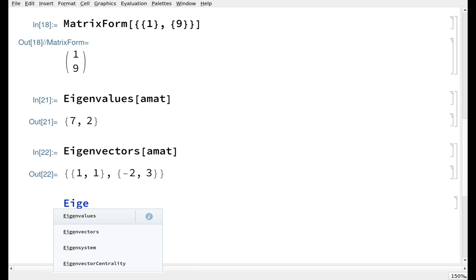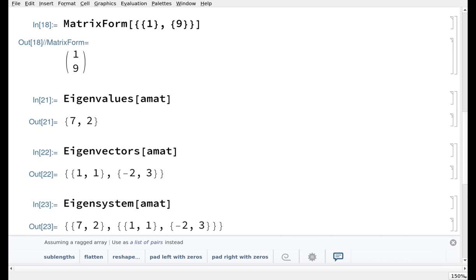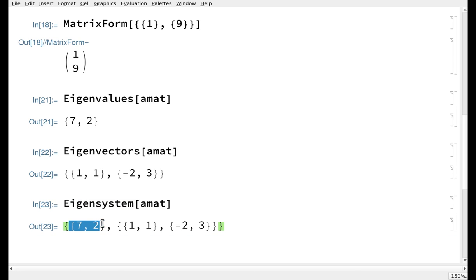Incidentally, since we usually want to compute both the eigenvectors and the eigenvalues, you can use the command called Eigensystem, which computes both at once. It kind of makes sense to do it that way. So if you ask for the Eigensystem of the AMAT matrix, first it gives you the list of eigenvalues.